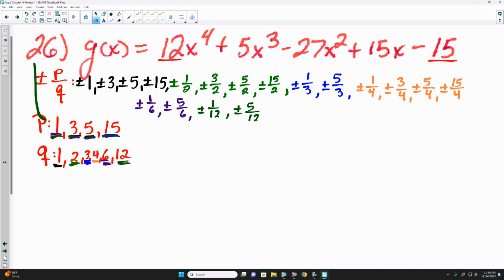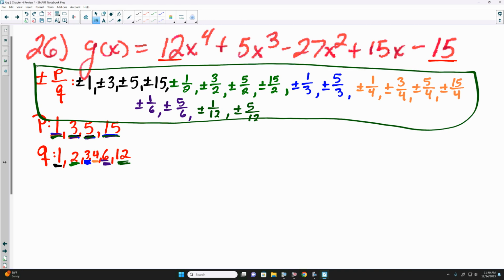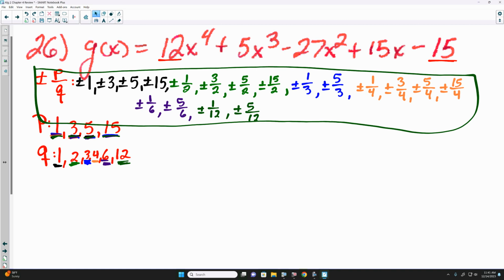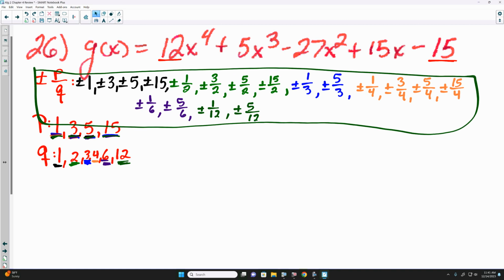So these here are all of our possible rational zeros for this function. If this higher degree polynomial equation has rational solutions, it's going to be one of these here.